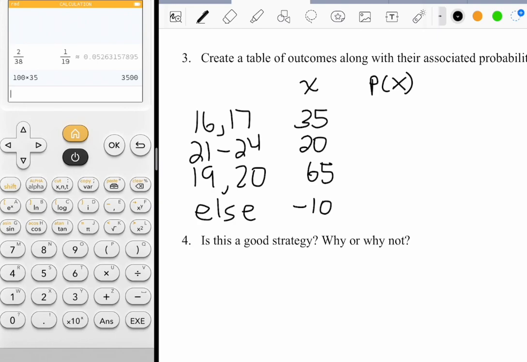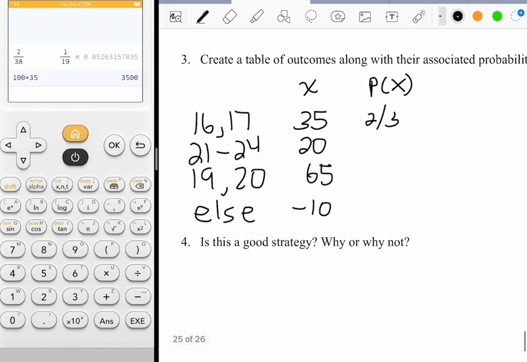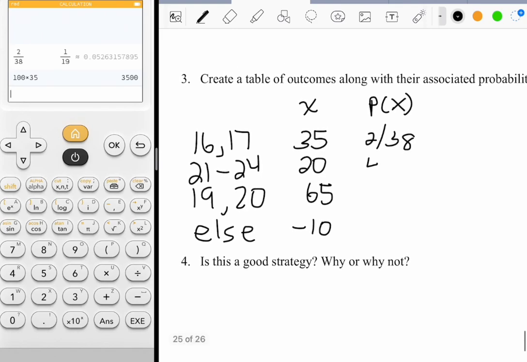All right, so it's a 2 out of 38 probability. 21 to 24 amounts to 4 out of the 38 possibilities. 19 and 20, 2 out of the 38. Denominator is always going to be 38. All right. Because if you count from 1 to 36, and then you include the 0 and the double 0, that's 38 outcomes.